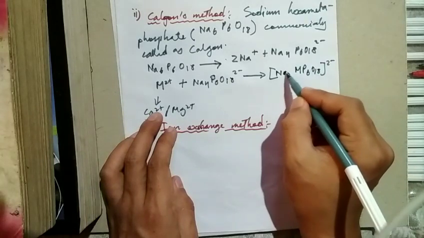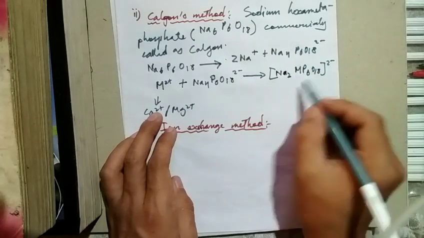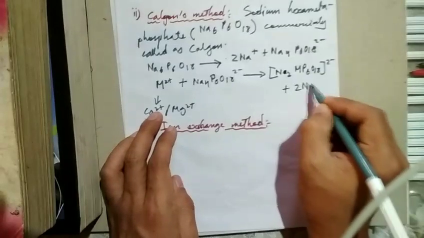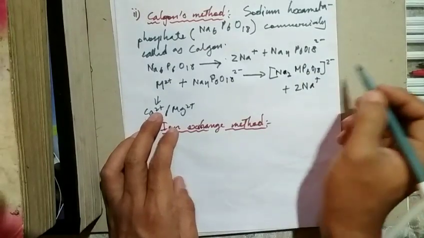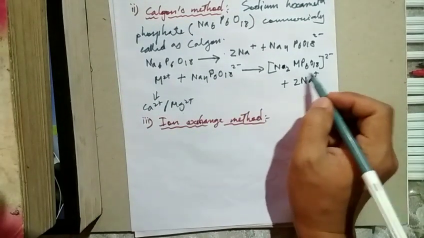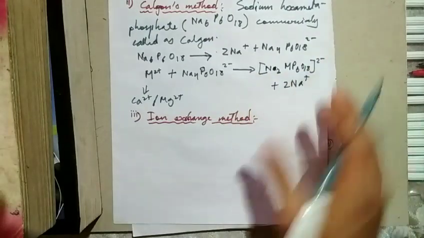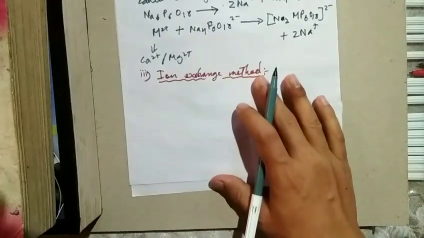So it will get attached to this product, and you will get 2 Na plus. This precipitate we can remove and get the soft water.